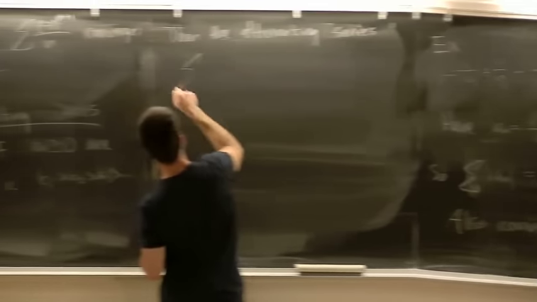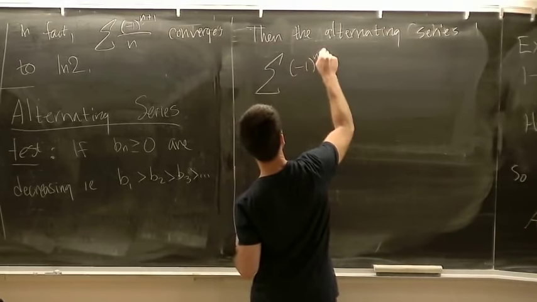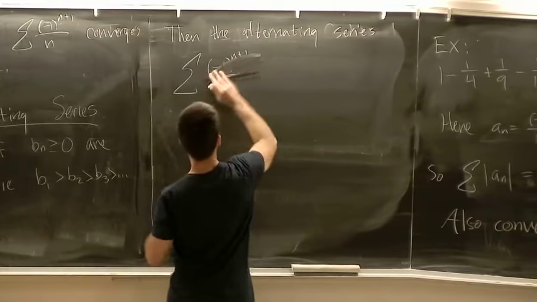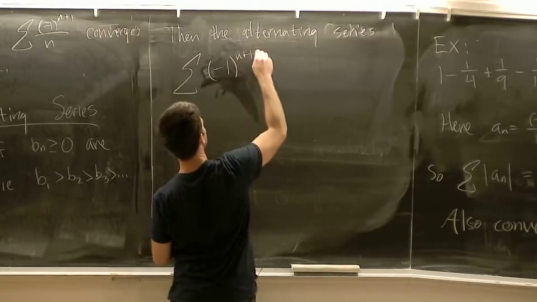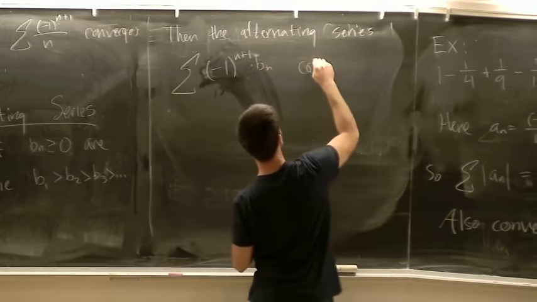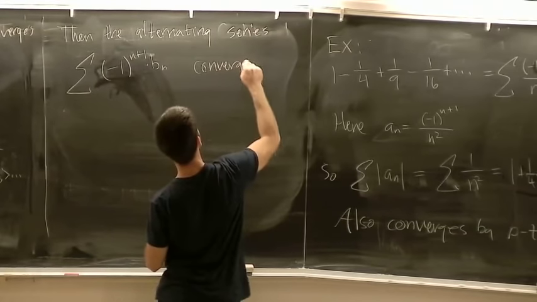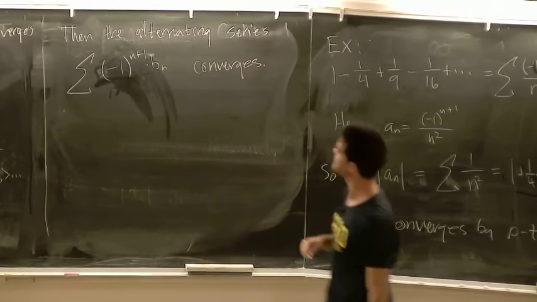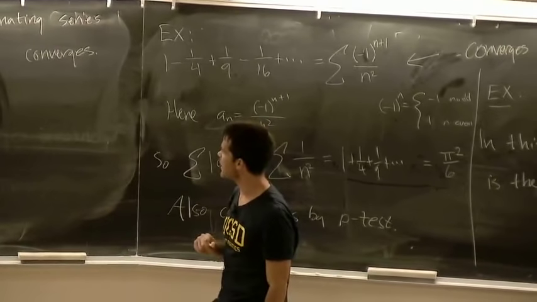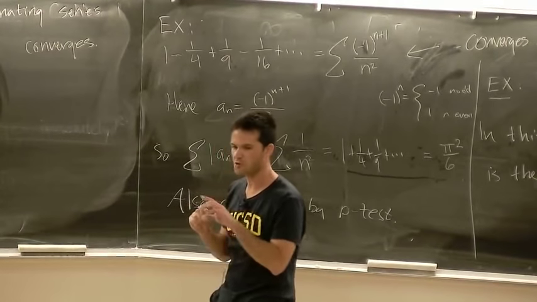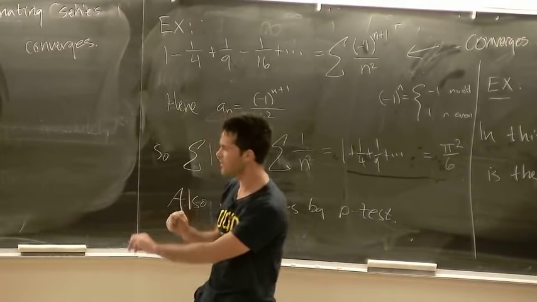So in this case, the alternating series, negative 1 to the n plus 1 times Bn, converges. That's the result of the theorem. That's the statement. If you're alternating and your terms are getting smaller, then you converge.